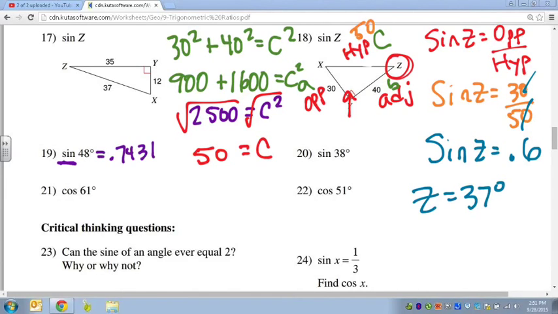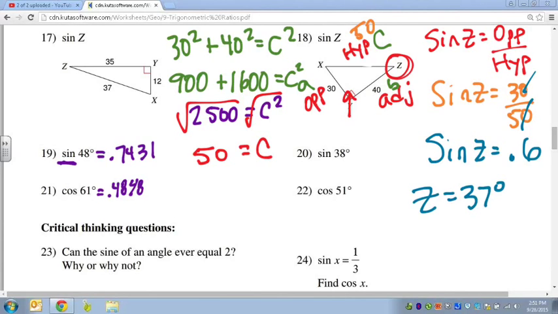I'll do number 21 here. So cosine of 61. You go to the cosine column, and go down to 61, and it equals 0.4848. That's literally all you have to do. So I'll let you do numbers 20 and 22. Pause the video if you don't want to see the answers immediately.